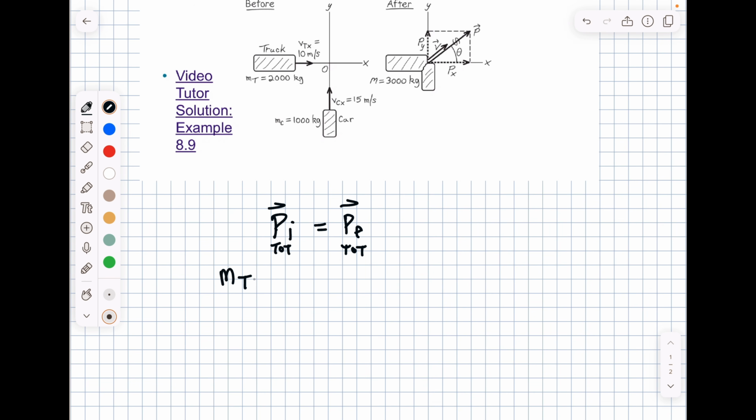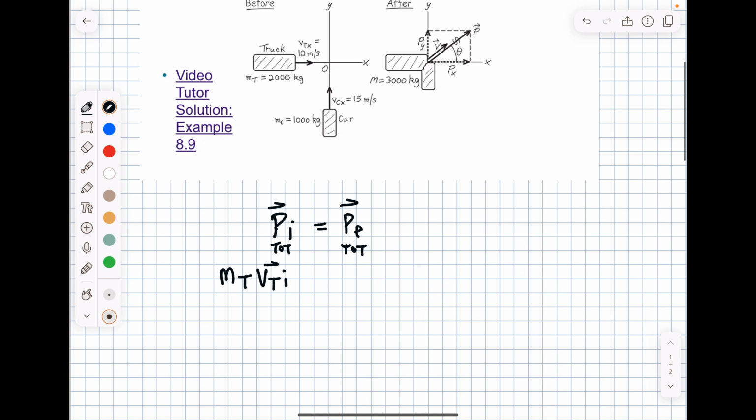Mass truck, velocity truck, initial. Okay, and then this is a vector. Mass car, velocity car, initial, that's a vector, equals mass truck, final velocity truck, mass car, final velocity. There we go. Right, these are vectors.